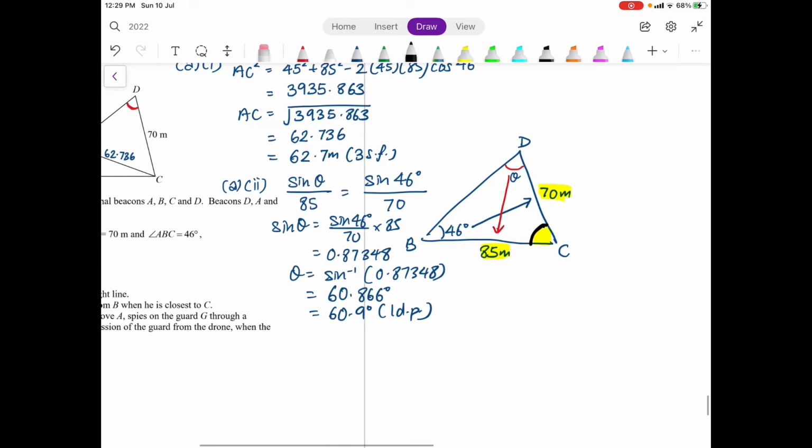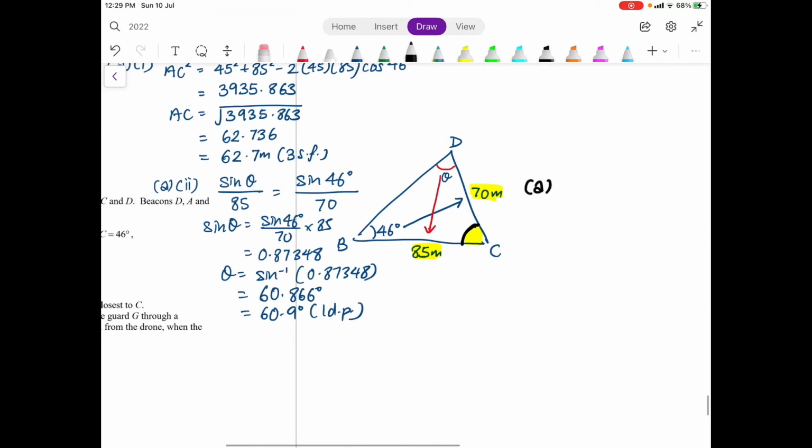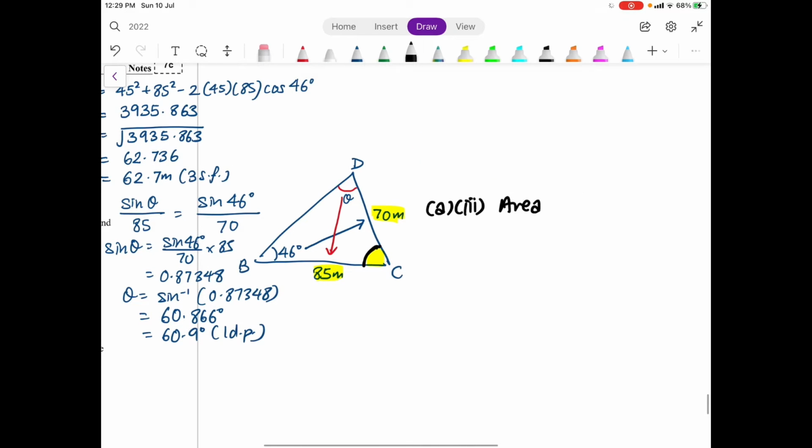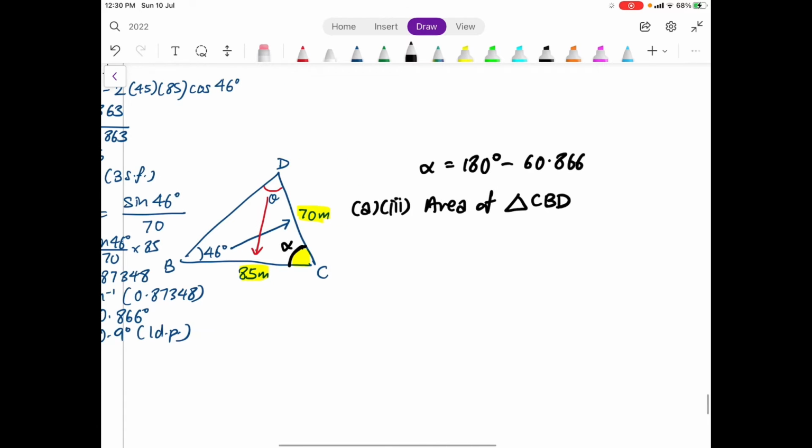So let's do it here. Area of triangle CBD. Oh, before that I need to find the angle. Let's call this alpha for convenience sake. Alpha equals 180 minus theta, which is 60.866, minus 46 degree.